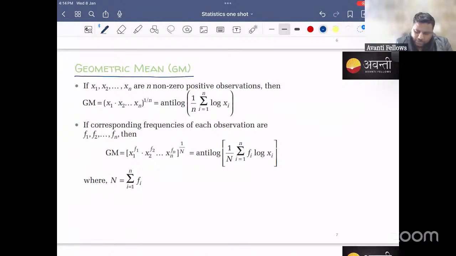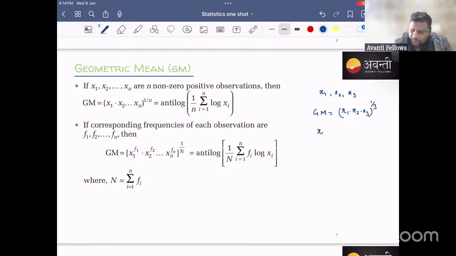Geometric mean is also a central tendency. If x1, x2, x3 up to xn are n non-zero positive observations. If I take an example, if observations are x1, x2, x3, then their geometric mean is x1 into x2 into x3 whole to the power 1 by 3.